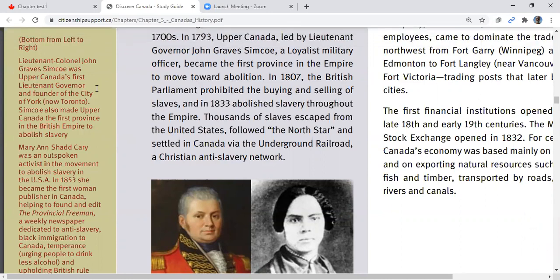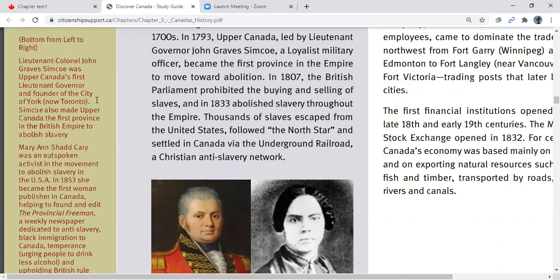So he started Toronto. He was the first leader in Toronto, and he started Toronto. And he made Upper Canada the first province in the British Empire to abolish slavery. Yeah, and there are places in Ontario named Simcoe. It's up in the north. It's named after him, Simcoe.